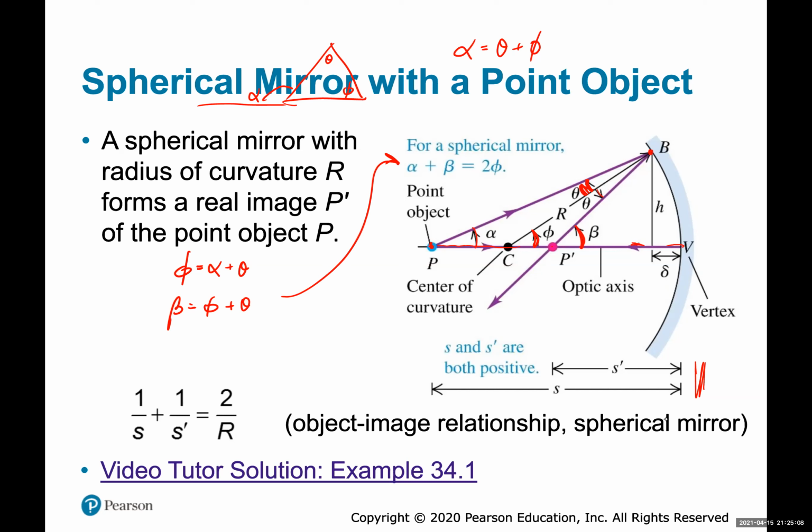The tangent of alpha is h over, opposite over, s minus delta.